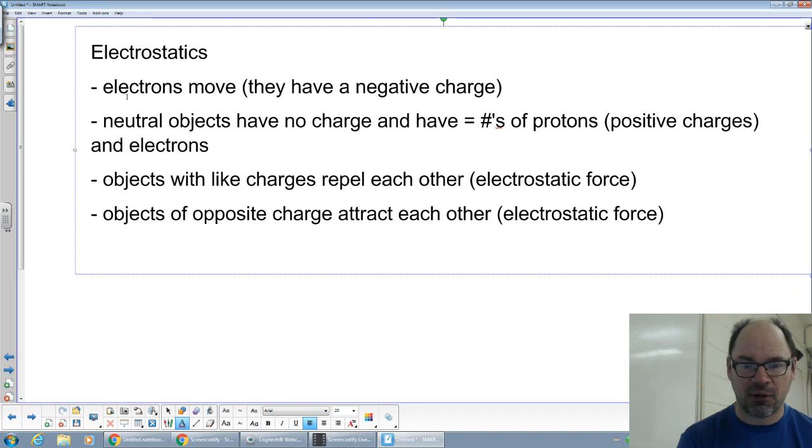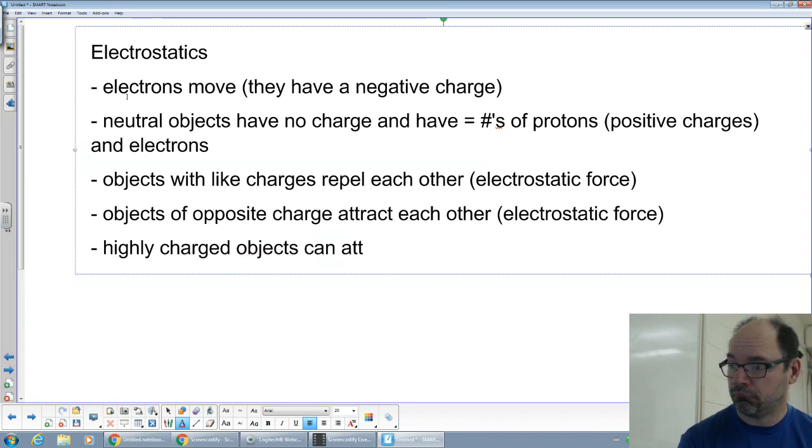And highly charged objects can attract neutral objects, depending, and they can separate charge. So these are called the laws of electrostatics.